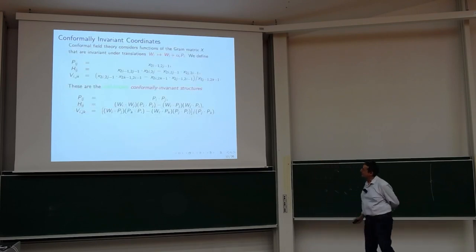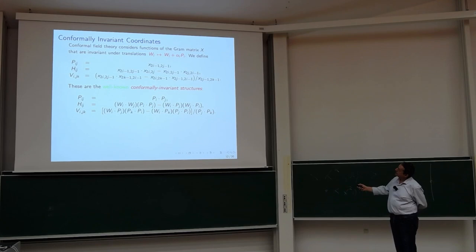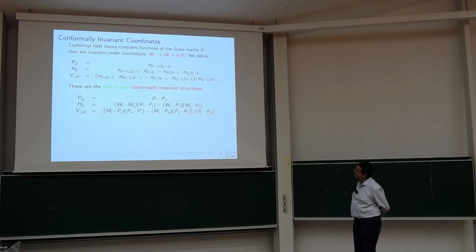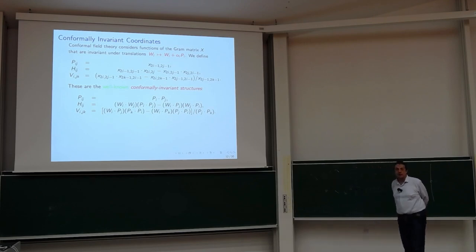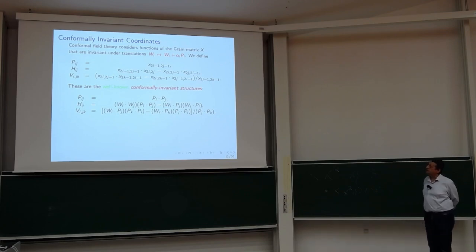The first level of symmetry: the way polarization and momentum vectors work is that the quantities we're interested in conformal field theory are also invariant under the shift, where w_i gets replaced by w_i plus some constant alpha_i times p_i. Now in the physics literature, there are some well-known conformally invariant structures.